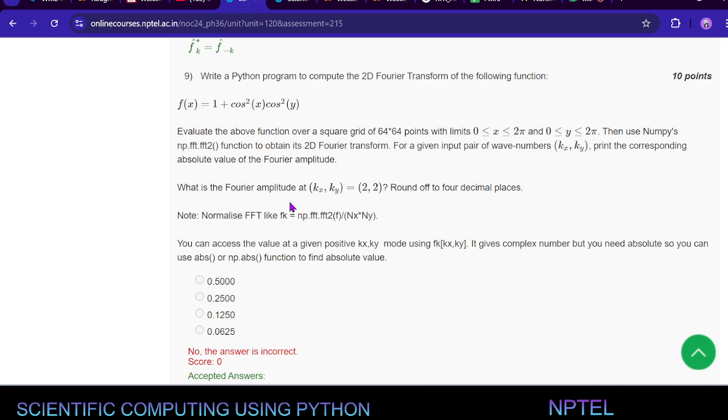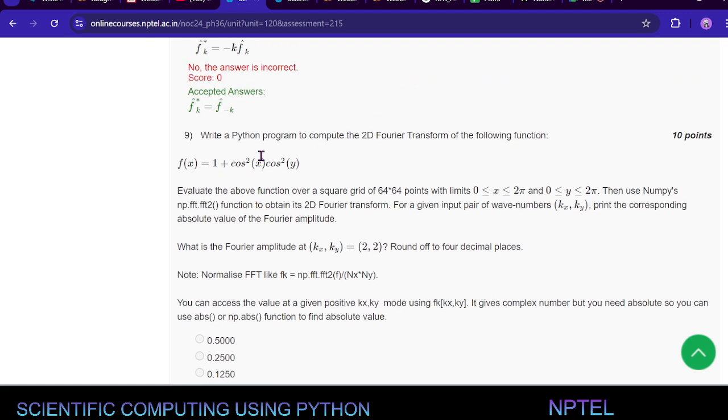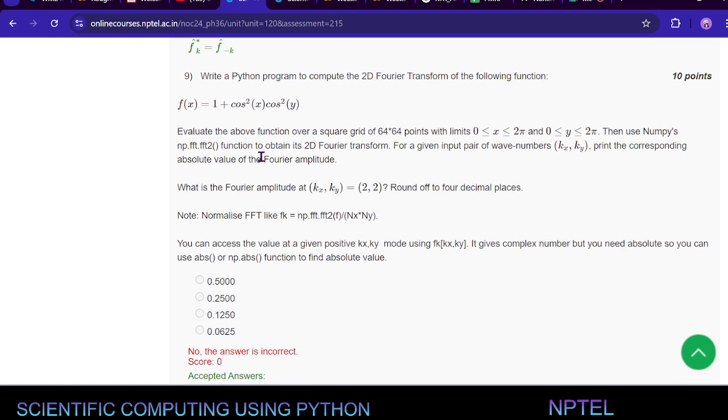Okay. The function is given, and you have to find the Fourier transform at kx, ky, which is given to be 2 comma 2, right? Yes, ninth one and also first one.